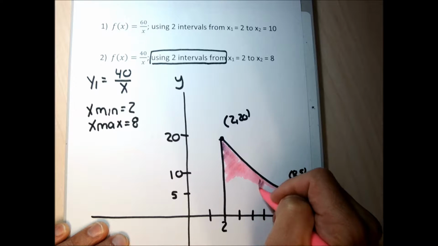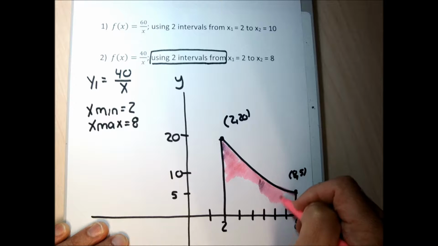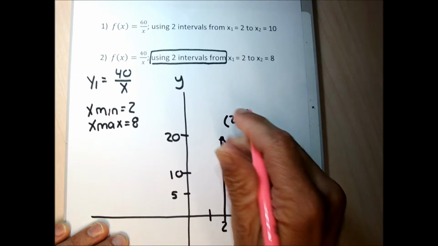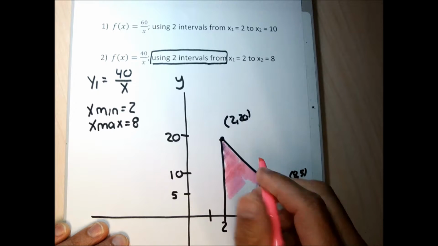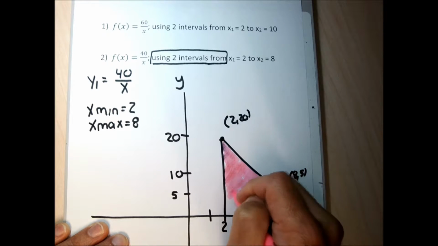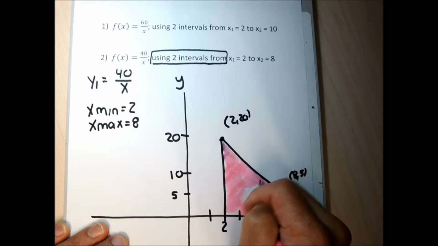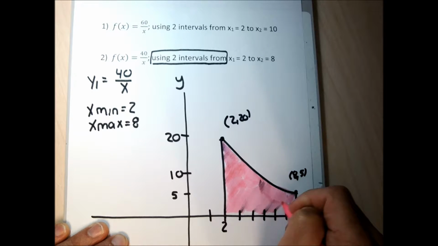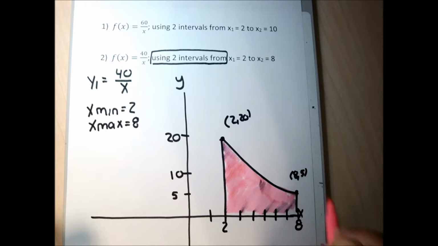With geometry, because this doesn't have straight lines, it has a curved line, I can't find this area, because geometry doesn't deal with shapes that have some straight sides and some curved sides. Ultimately, I'll use calculus to find it, but we're going to estimate the area.